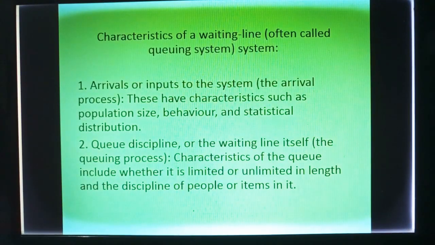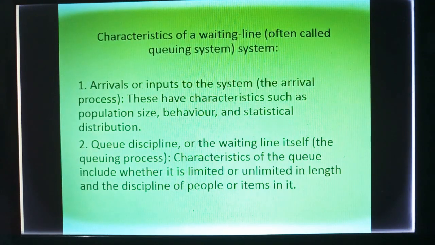Now, the characteristics of a waiting line, often called a queuing system or waiting line system. Arrivals or inputs to the system we call the arrival process. These have characteristics such as population size, behavior, and statistical distribution. Next, we have queue discipline, or the waiting line itself.